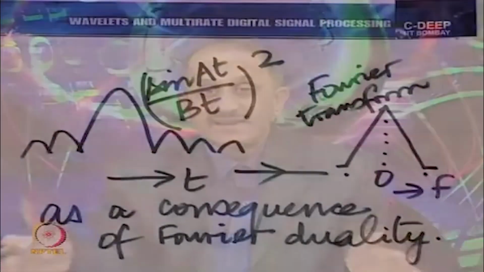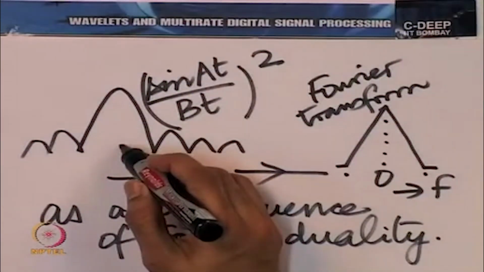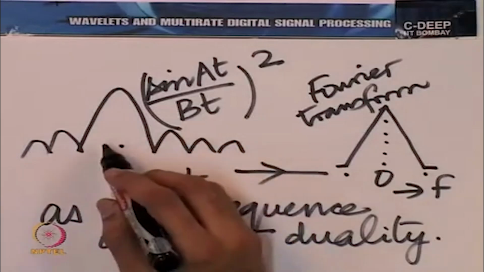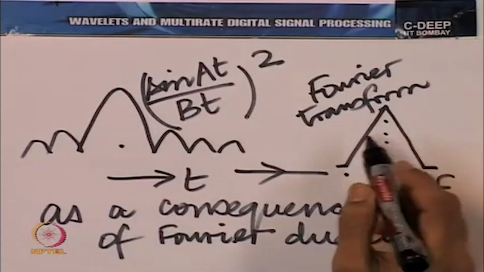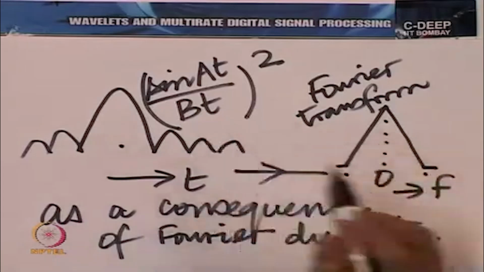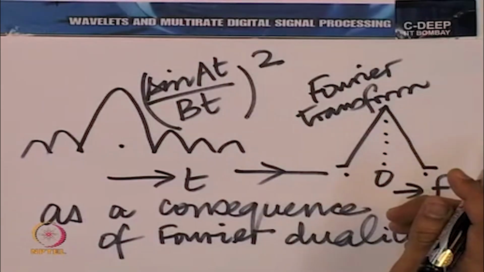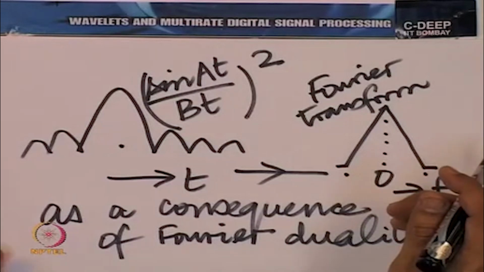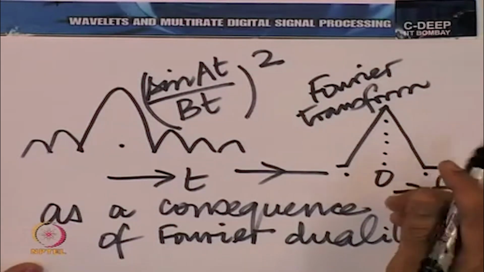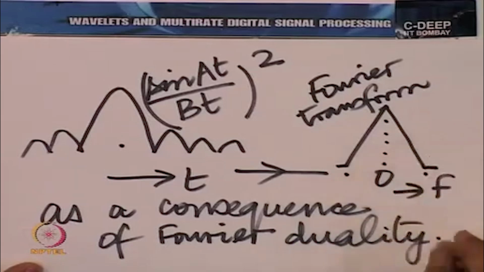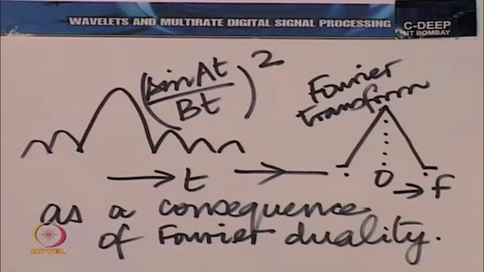So, what we are calling the time variance for the triangular pulse becomes the frequency variance for this function, the sin a t by b t kind of function here, and what we are calling the frequency variance for the triangular pulse becomes the time variance for this. So, in other words, when you take the Fourier transform of a function and ask what is its time bandwidth product, the time bandwidth product is the same.